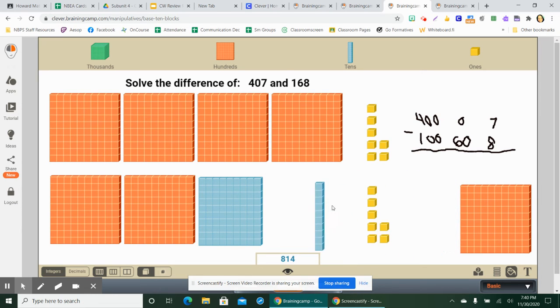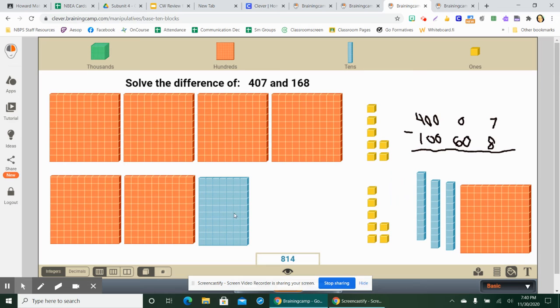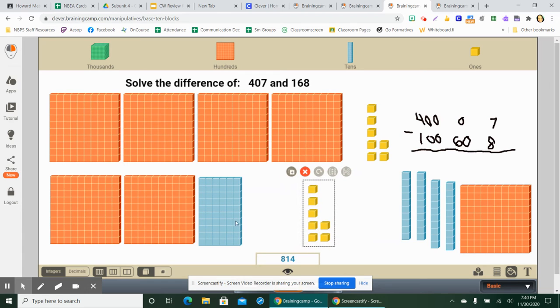And I know my picture is a little backwards. 10, 20, 30, 40. Oops, let me get these guys out of the way. 50, 60. 10, 20, 30, 40, 50, 60.